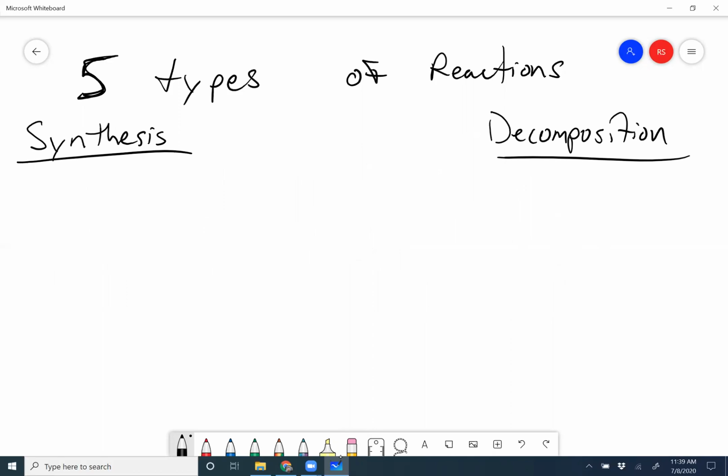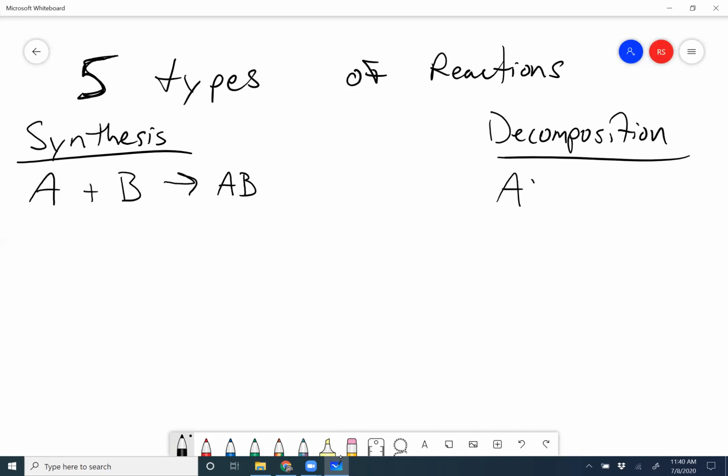In a synthesis reaction, we have some sort of elements or 2 compounds, and what they do is they come together to make one product. So the dead giveaway that you have a synthesis reaction is that you're only going to have one product.